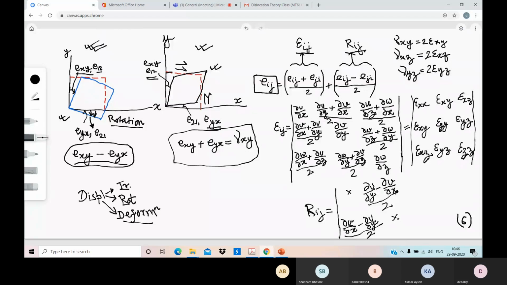Simply with each term Eij, I can write it in this form: (Eij plus Eji) divided by 2 and (Eij minus Eji) divided by 2. Simply by this way I can write the term. I can write one part as plus, one as minus. So if you add these two, you will find you are getting Eij.